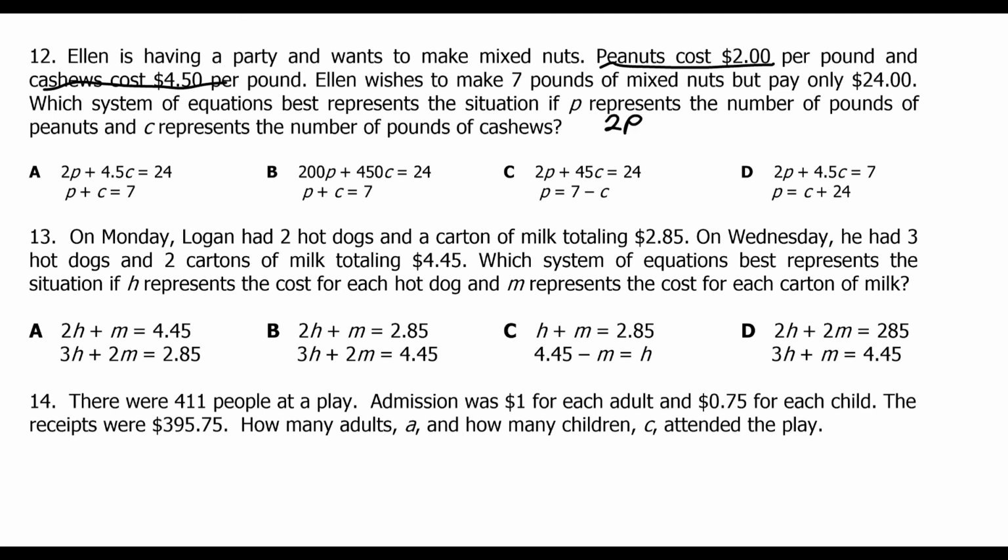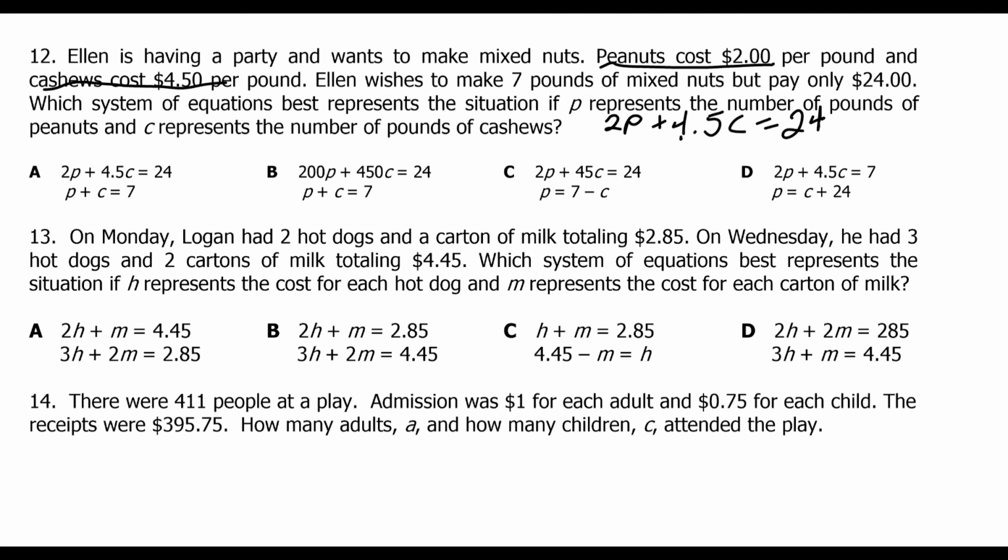Ellen wishes to make 7 pounds of mixed nuts, but pay only $24. So we got $2 times the pounds of peanuts, $4.50 times the number of cashew pounds, and all that has to add up to $24.